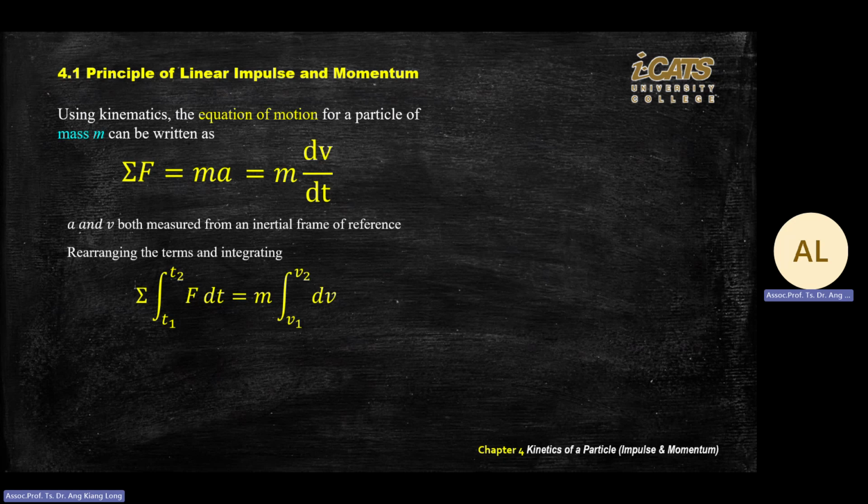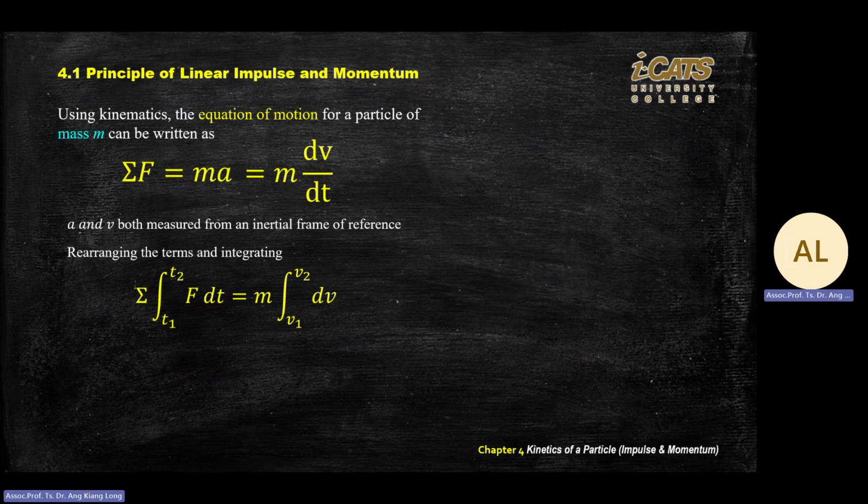Since we are still on the particle, chapter 4, kinetics of a particle, our mass is constant. So we pull the mass out of the equation and do the integration. Here the force is also constant, so we pull the F out. If the force is not constant, then you need to change F in terms of t, and only then you do the integration.